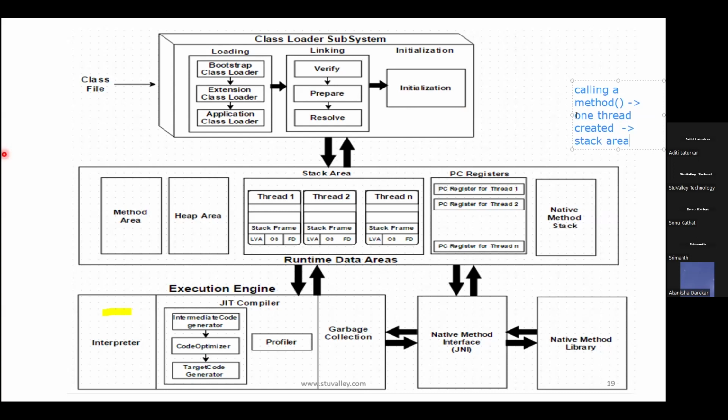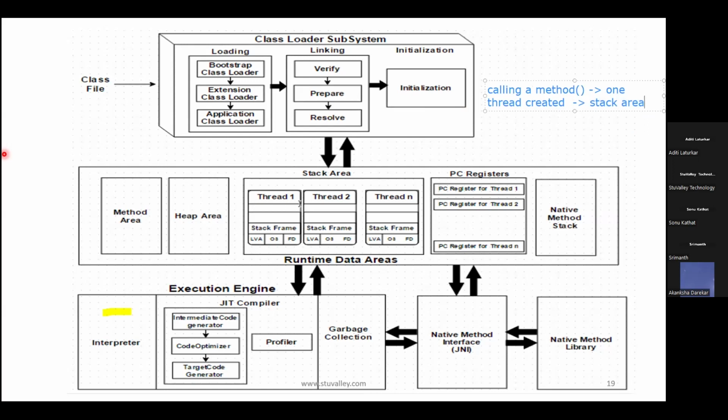Each and every thread will have memory, that is, a stack gets allocated here in the stack area. That is known as the runtime stack area, and that thread is known as the runtime thread. You can say the currently executing thread.